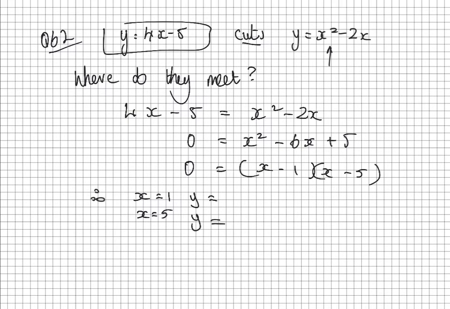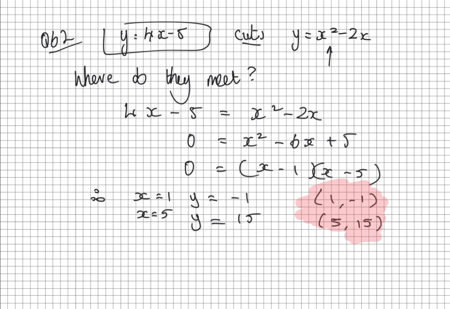So if x is 1, 4 times 1 is 4, take away 5 is minus 1. And when x is 5, 4 5s are 20, take away 5 is 15. So this is just telling me that the line and the curve intersect at those coordinates. Okay, what are we actually trying to do?